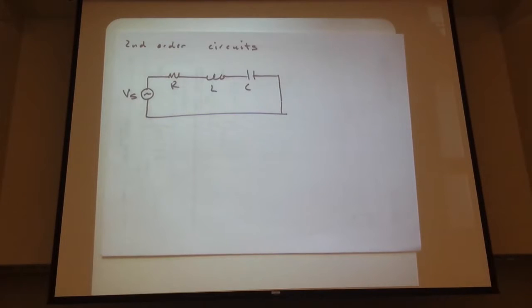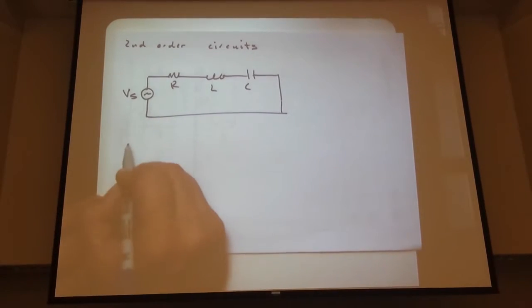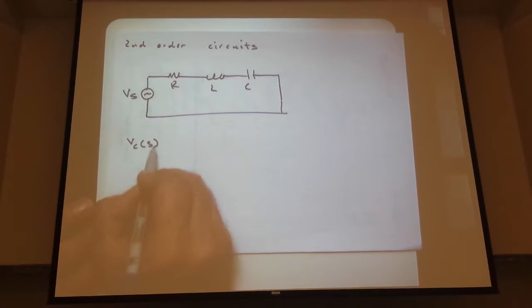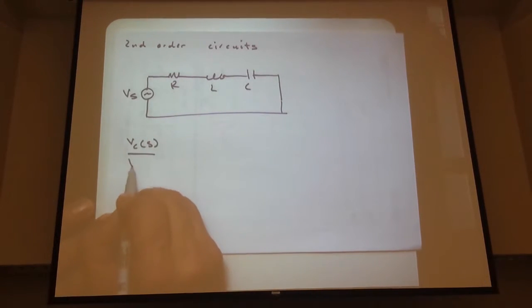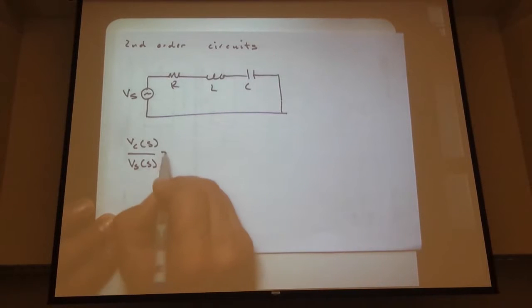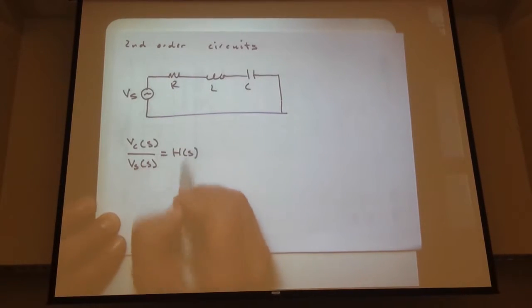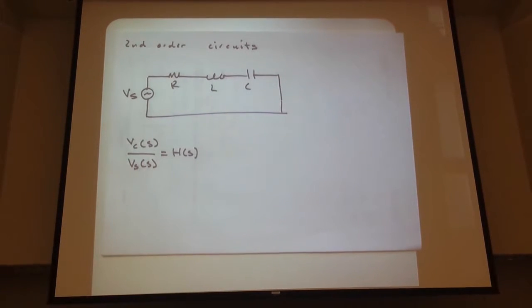And again, we can look at the voltage across any of those components or a combination of those components if we're looking at V out over V in. And so, again, we can define VC over V source S as our transfer function. We've done that a lot of times. We can do this somewhat by inspection.